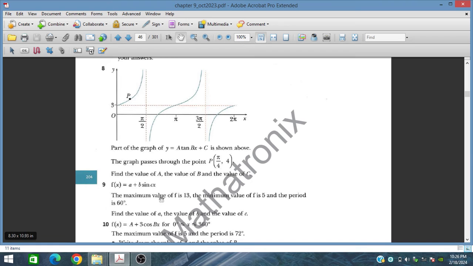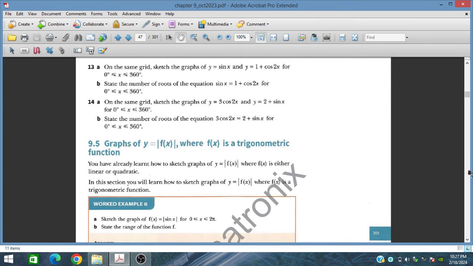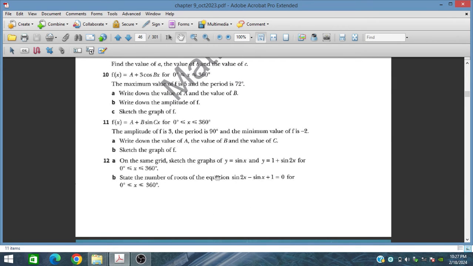Similarly, question number 9 can easily be solved, and let's solve question number 11. f(x) is equal to a plus b sine x for 0 to 360. The amplitude of f is 3, and the period is 90 degree.